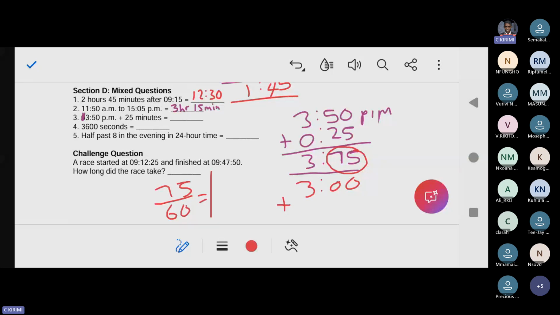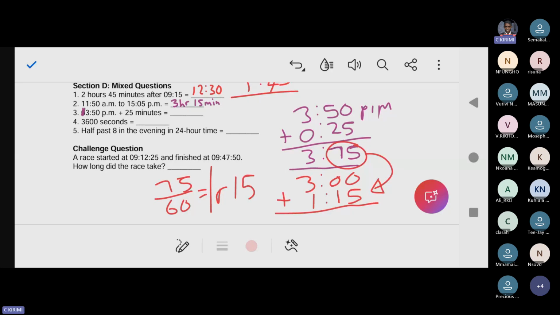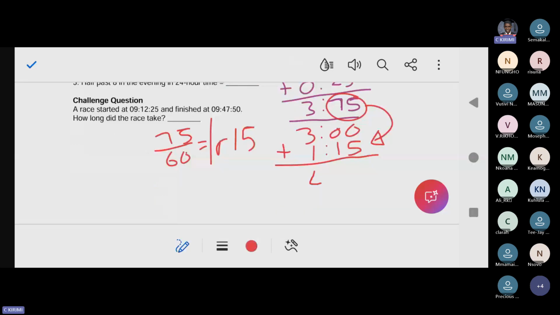It's 1, then the remainder 15. So we are going to add 1 hour, remainder 15. These are your minutes. So these 75 minutes can also be written as 1 hour, 15 minutes. So the time that would have elapsed after 25 minutes, the time now, will be 4:15 p.m.